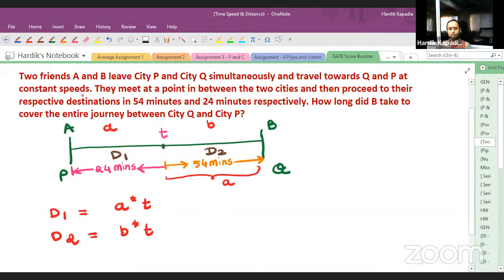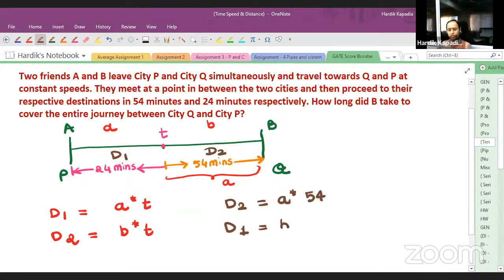So I can say D2 is equal to a into 54. And distance D1, when B is covering the distance D1, the time taken is 24 minutes.